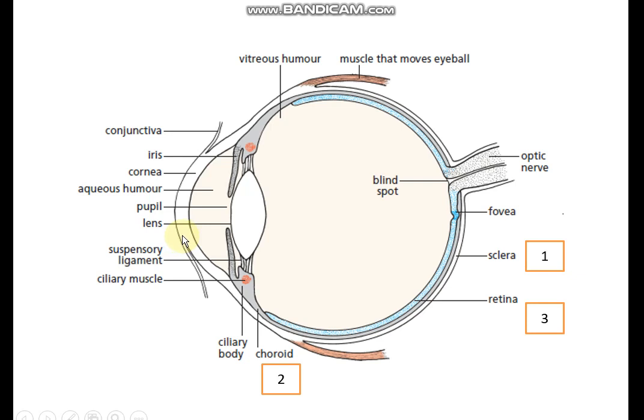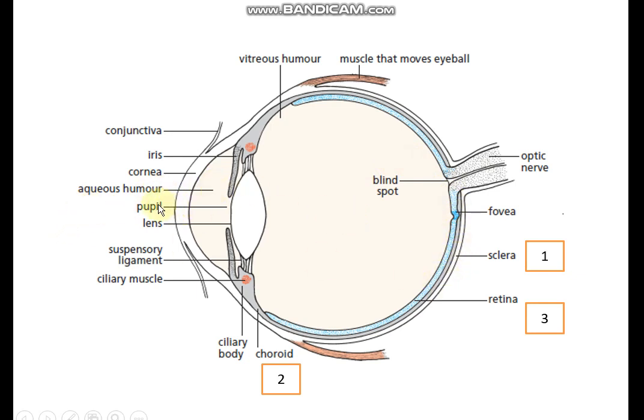Cornea is a transparent layer which is responsible for the refraction of light rays from the image. I'm sure you're familiar with the concept that the image is formed on the retina once the light rays enter your eye.